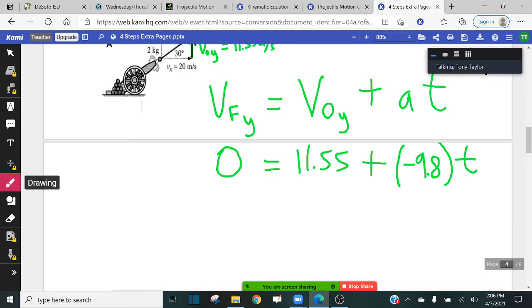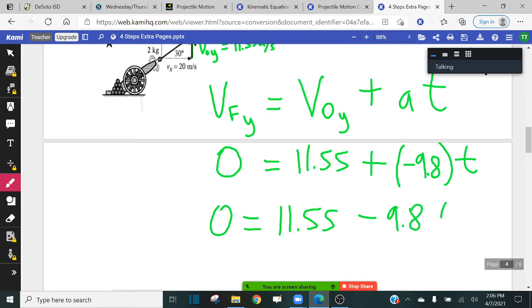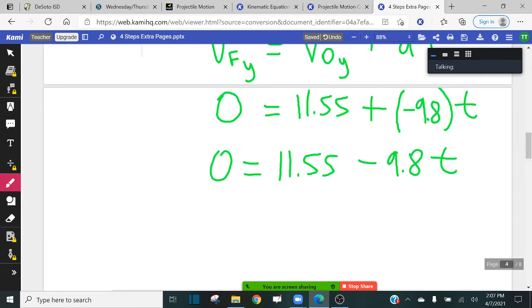We want to solve this equation for t. With this equation, I ultimately want to get t by itself. Guys, y'all should know how to do this algebra.